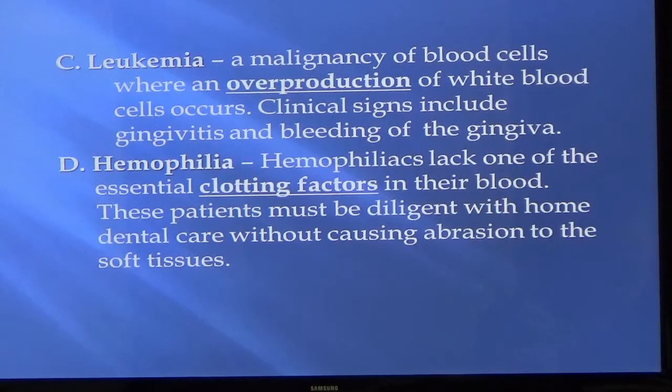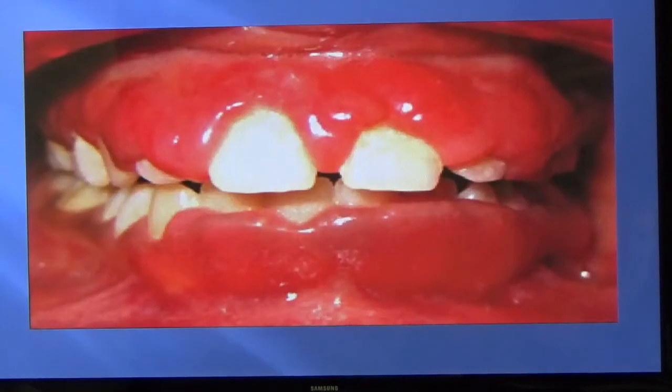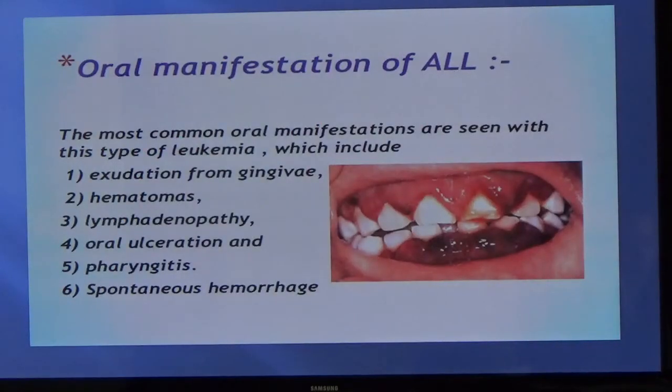If they get gingivitis and brush their teeth, they're going to bleed, and if you're a hemophiliac, that's not good. So again, we've seen this picture. Leukemia. It's just a little picture of some of the things you can see in the mouth. The patient may think it's something due to the gums, but it's not.